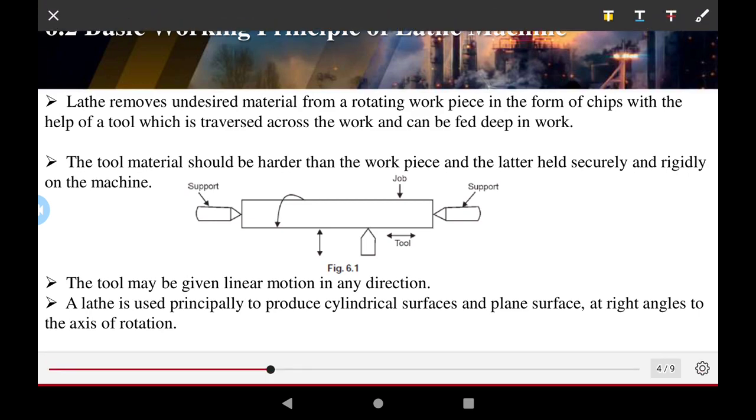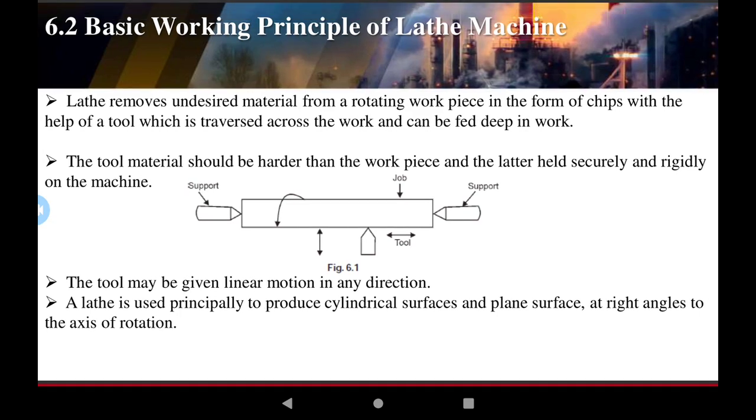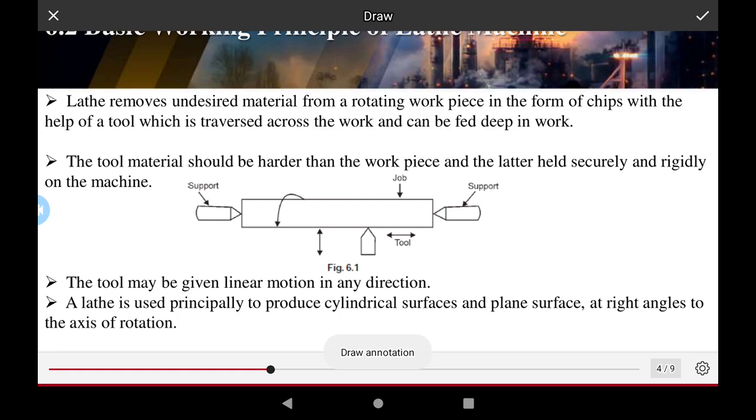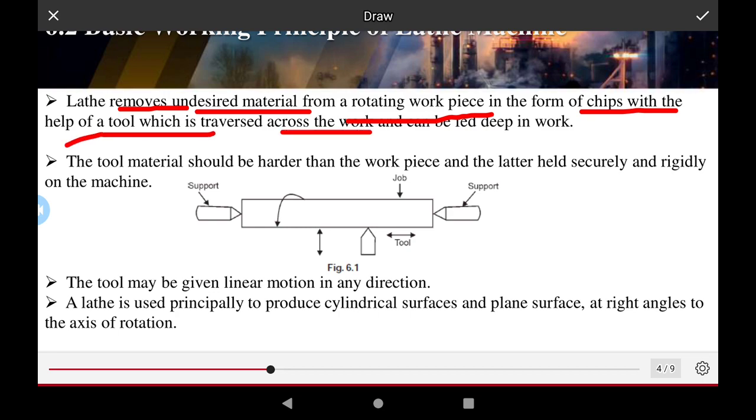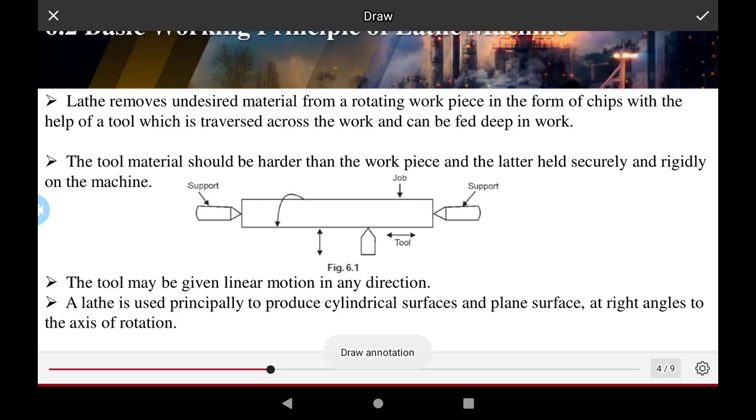Basic working principle of the lathe machine. Undesired material is removed from a rotating workpiece with the help of a cutting tool travelling across the work. The tool should be harder than the workpiece and held securely.